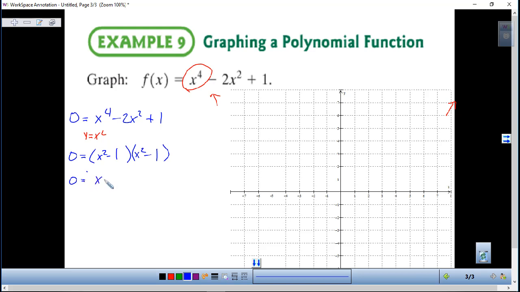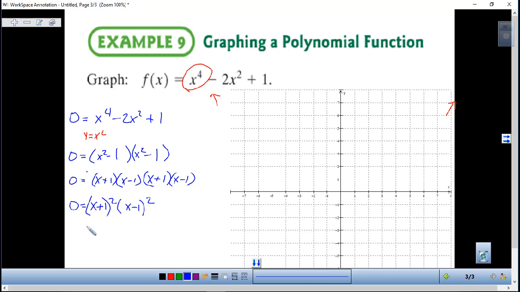So we've got x plus 1, x minus 1 from this first one, and x plus 1, x minus 1 from the second one. Now, here's where we have multiplicities. Notice we have two x plus 1s, so I can write that as x plus 1 quantity squared, and two x minus 1s, so I can write that quantity squared, still equal to 0. And these are going to occur 2 times each.